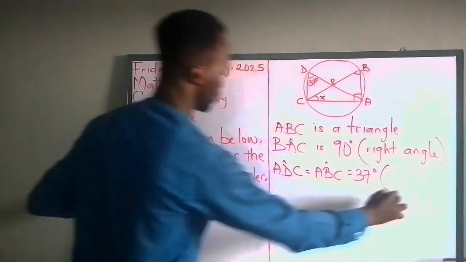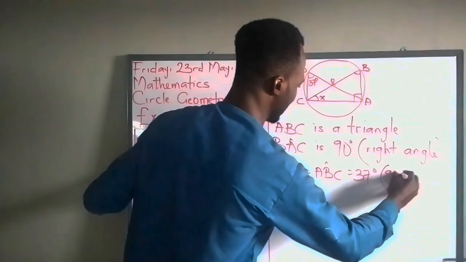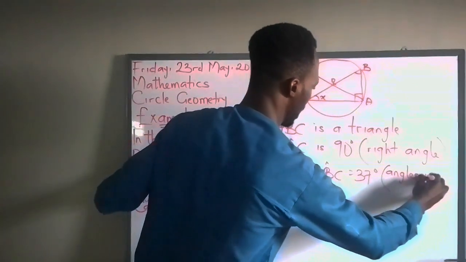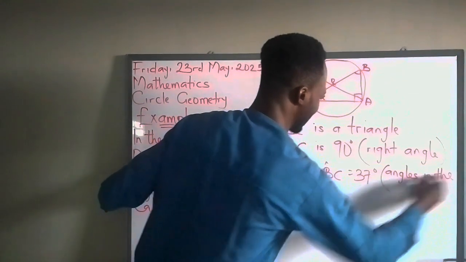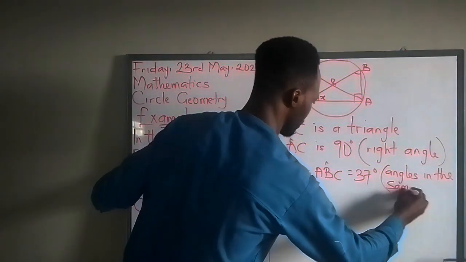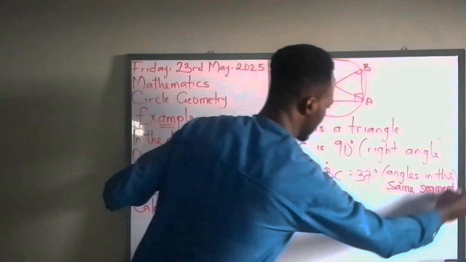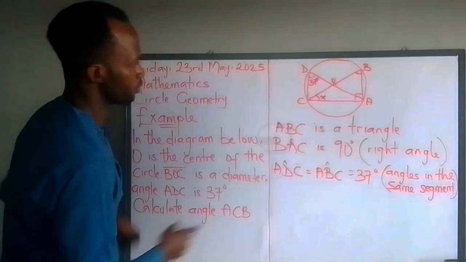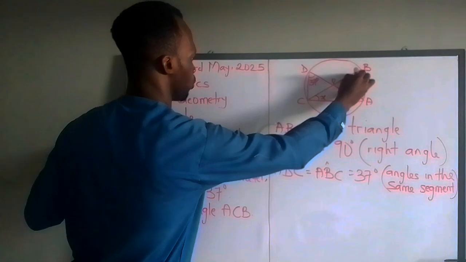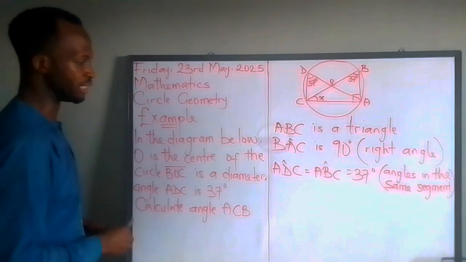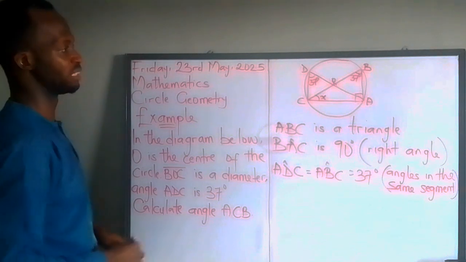And you must always write your reason: angles in the same segment. So that means ABC is also 37 degrees.